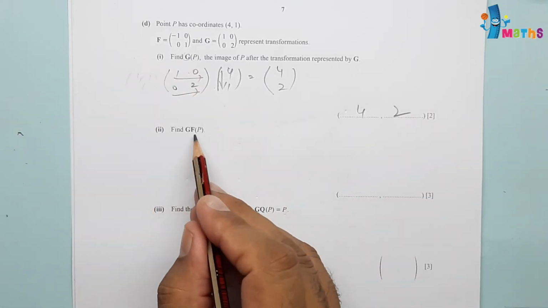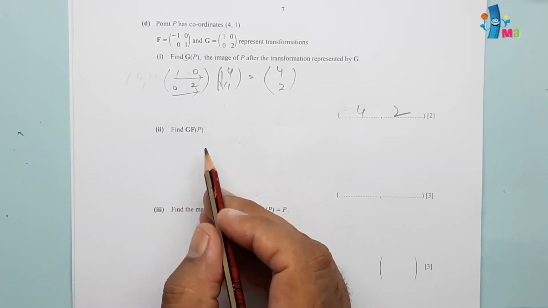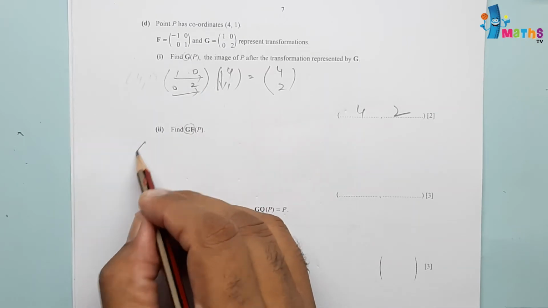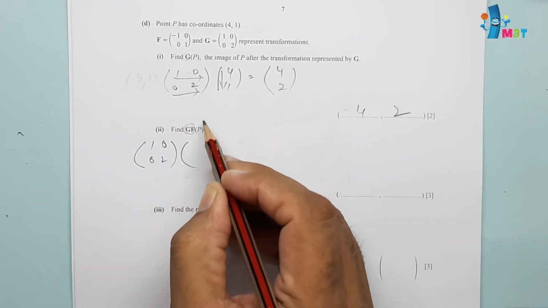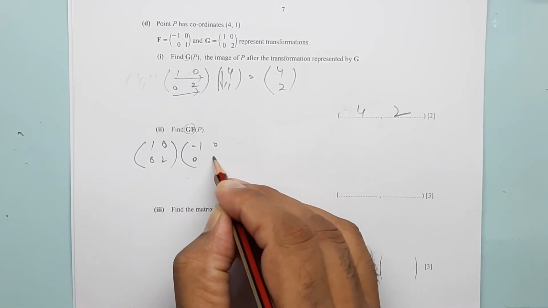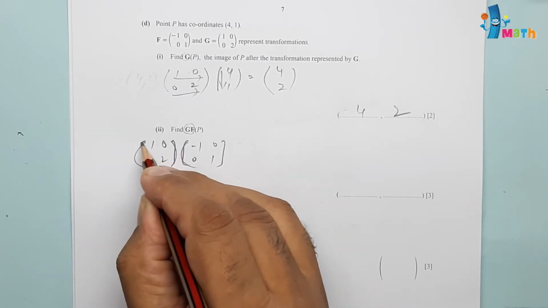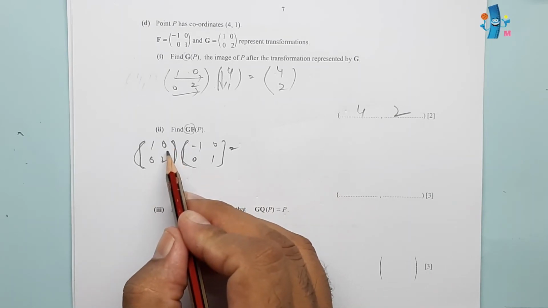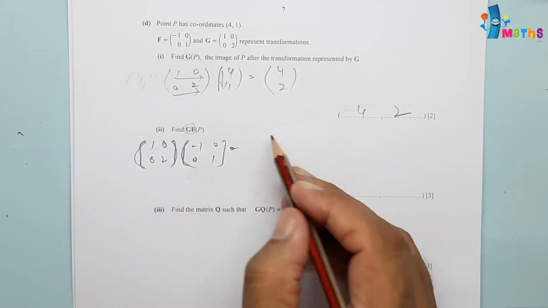Find GF of P. So GF on P. So first we'll calculate G and F. G is this one. We'll write first this 1 0 0 2, and the second one is F, which is minus 1 0 0 and 1. We can write in matrix form like this one or in this. So when we multiply this with this, we'll get minus 1, and this will be 0 0.